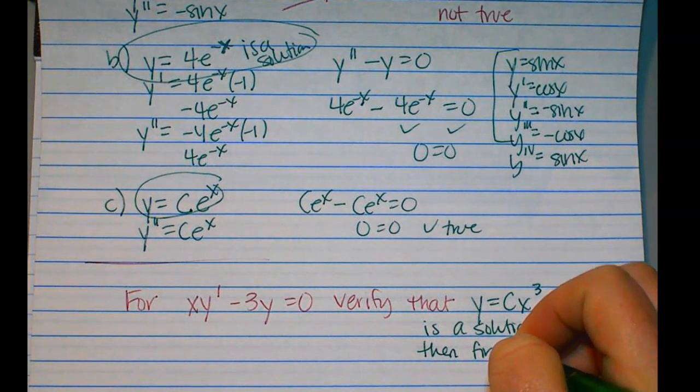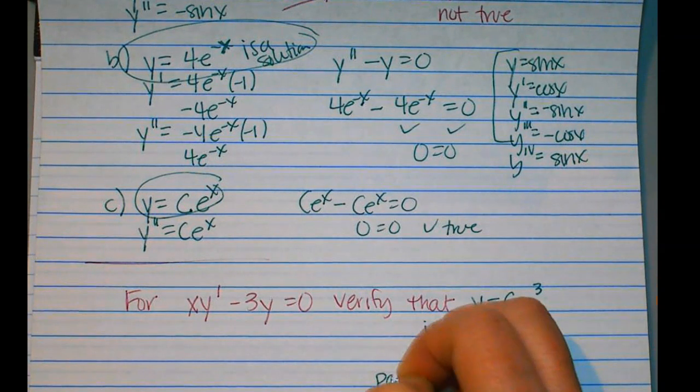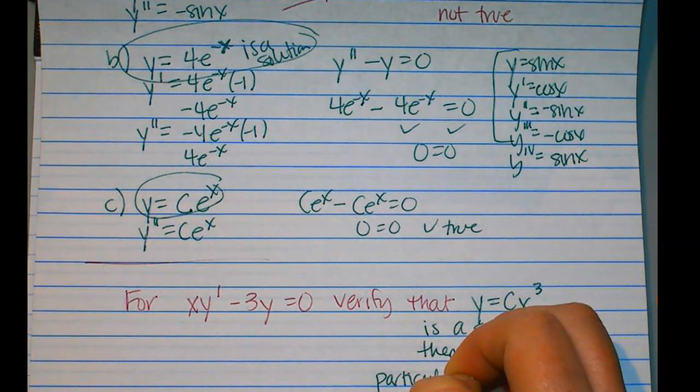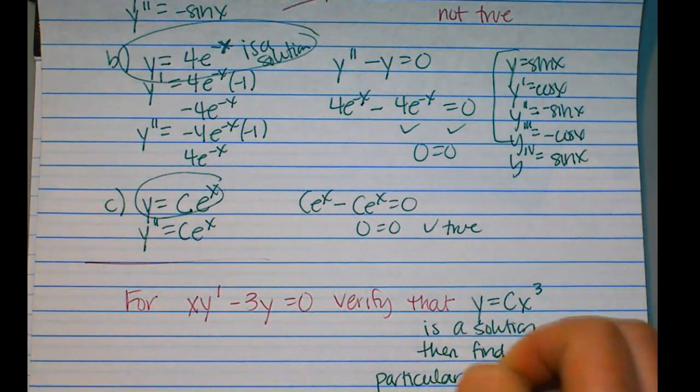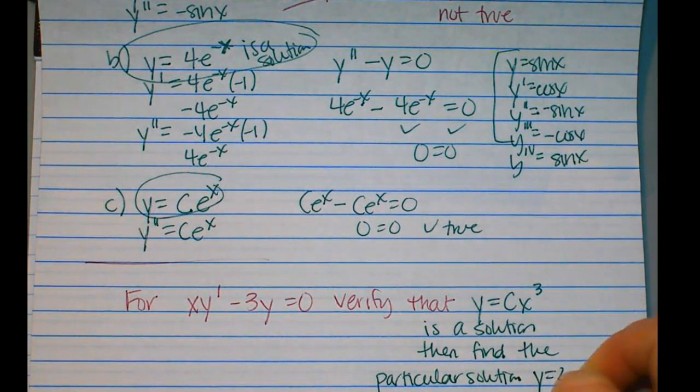Then find the particular solution where y equals 2 when x equals -3.